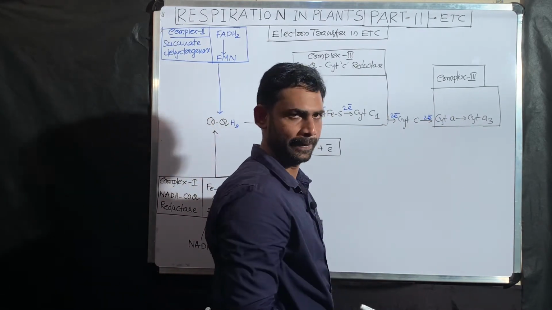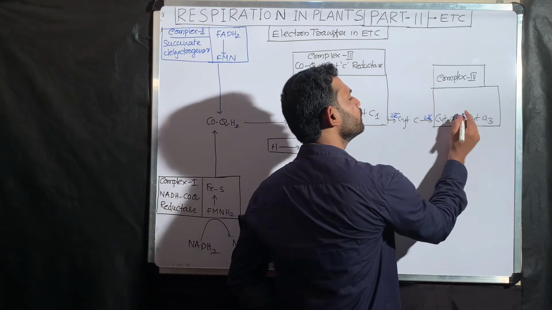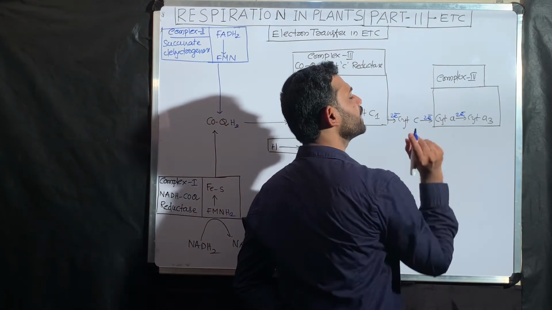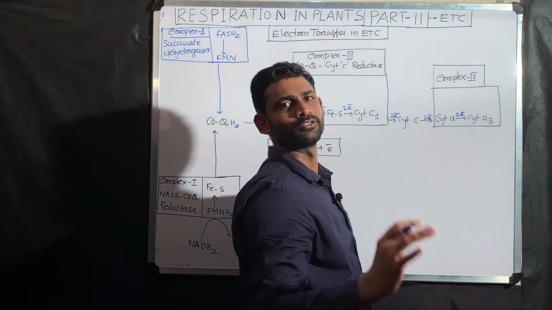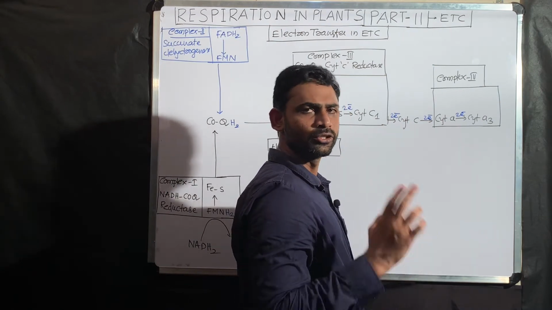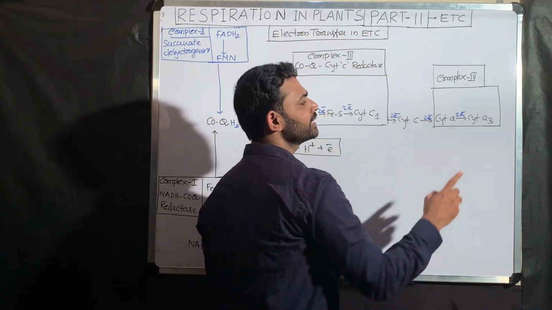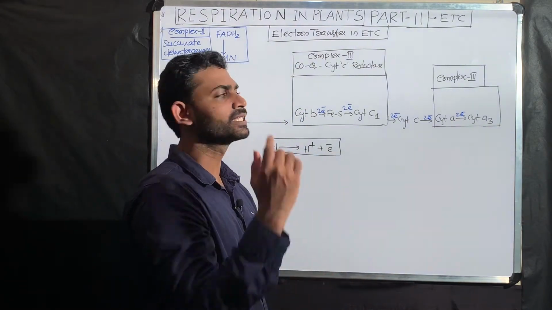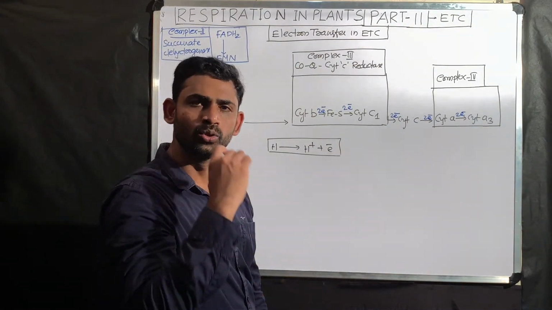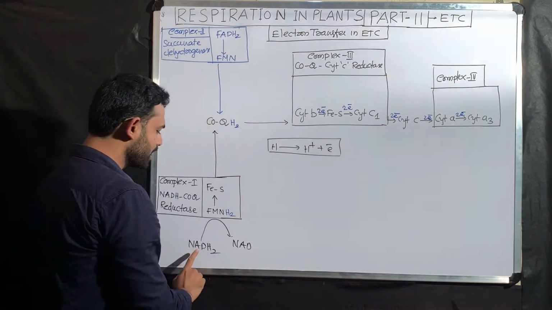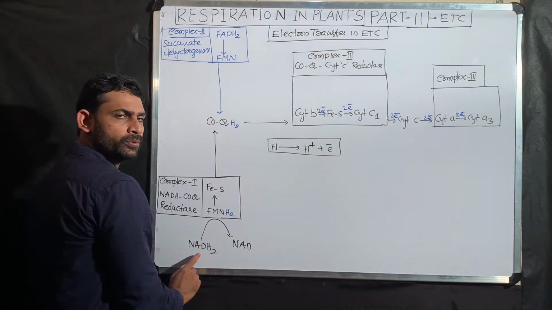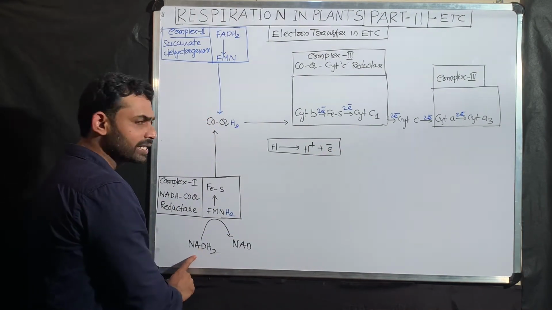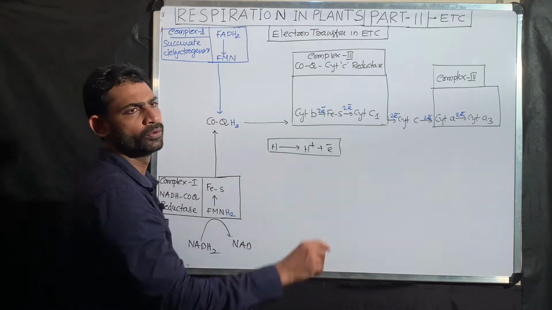These 2 electrons are given to the cytochrome A. From cytochrome A, 2 electrons move to the cytochrome A3. So finally, the 2 electrons are present in the hand of cytochrome A3. Actually, whose electrons are those? Those electrons are actually from the NADH2, meaning here the electron donor is NADH2.